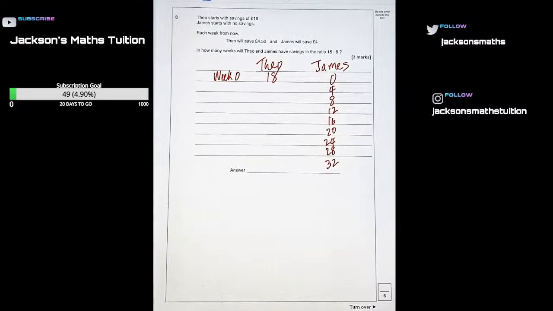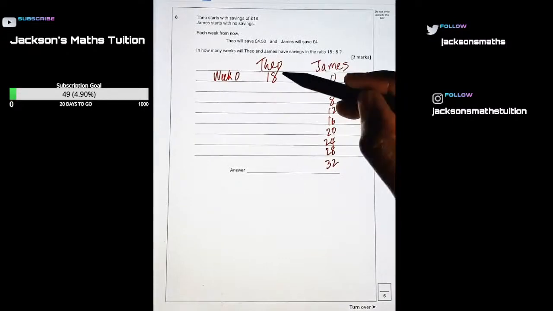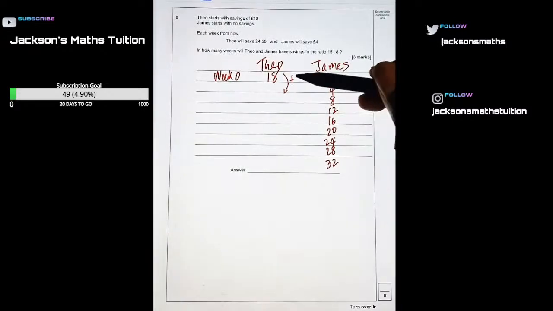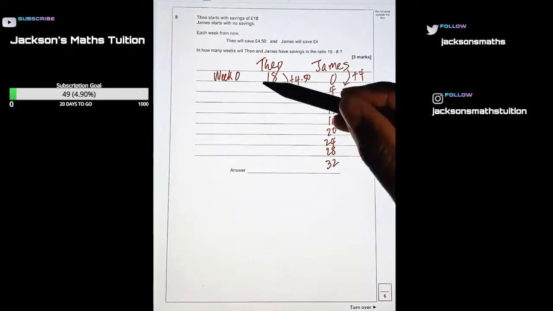So for Theo, I'm going to add £4.50 each time. James, we added £4 each time. So adding £4.50, I'm now at £22.50.